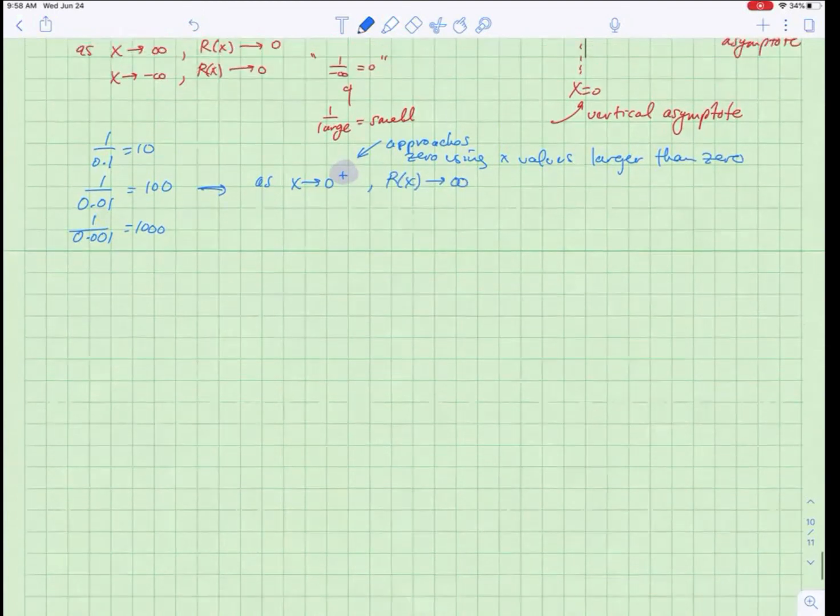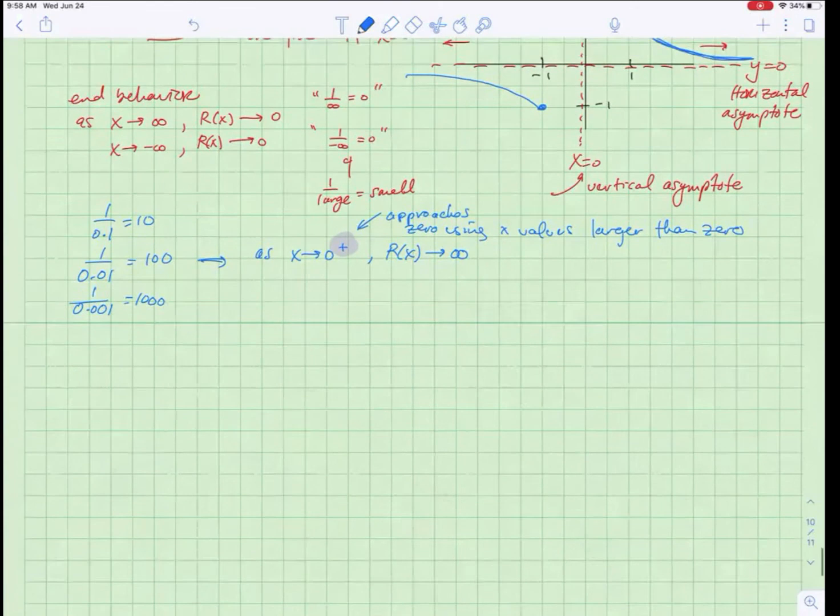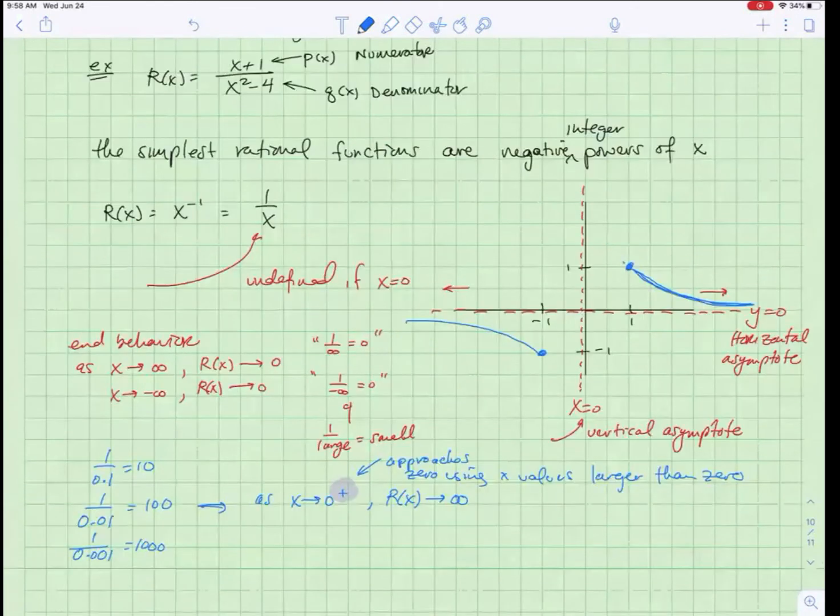That is to say, as we get smaller and smaller values in the denominator that are positive, r of x tends to grow. And as we get closer and closer to x equals 0, this gets larger and larger, and eventually becomes infinitely large.